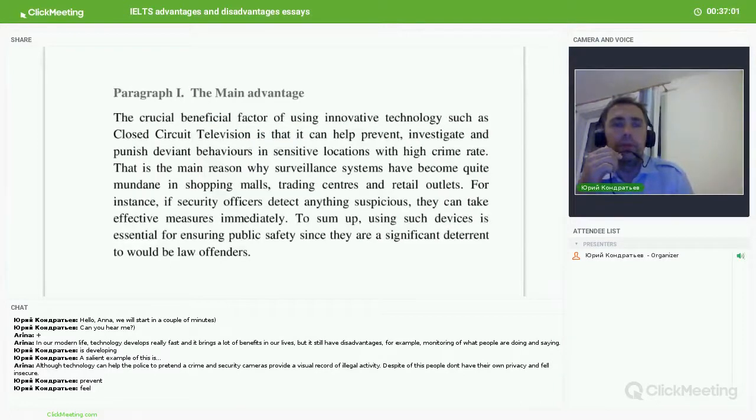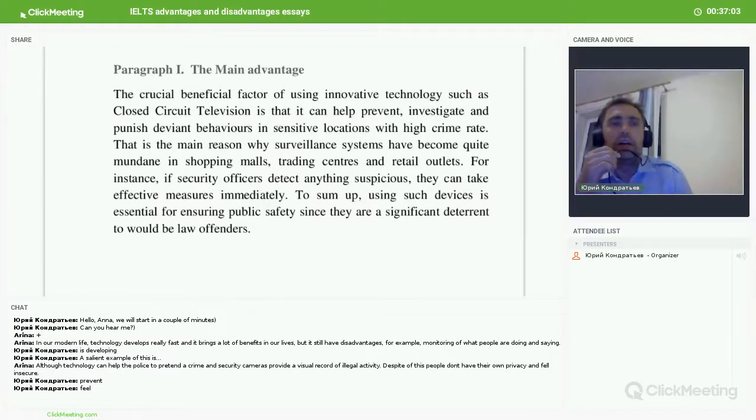Here's the whole paragraph one. The crucial beneficial factor of using innovative technology such as closed-circuit television is that it can help prevent, investigate, and punish deviant behaviors in sensitive locations with high crime rate. This is the main reason why surveillance systems have become quite mundane in shopping malls, trading centers, and retail outlets.